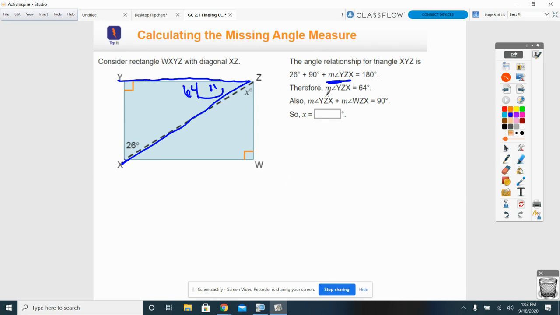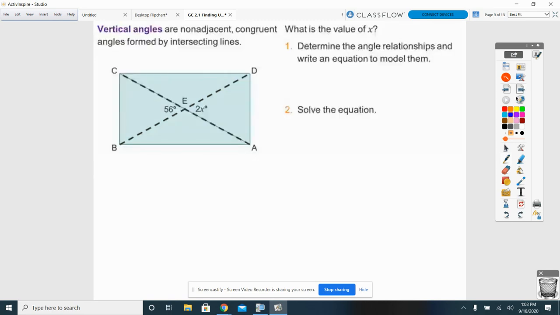Now they're saying YZX, which is 64, plus WZX has to be 90. So they can take 90 minus 64 to get 26, which once again, if you know some things about rectangles, you could have twisted this around so that they were equal, and you could have seen that those would have been 26. They would have matched up.